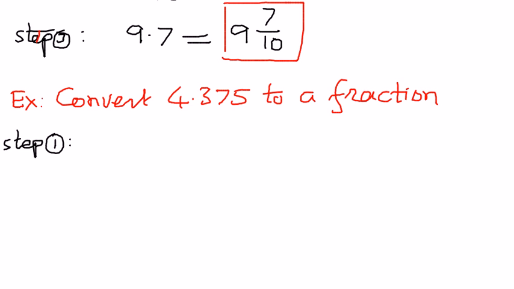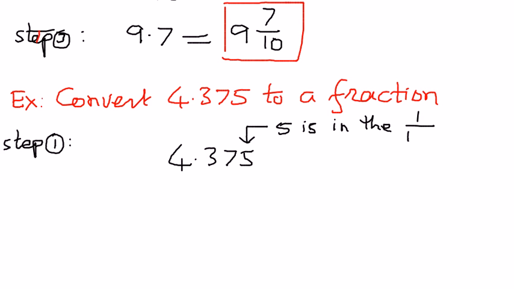So in 4.375, we want to see where 5 is located on the place value. 5 is in the thousandth place. The number 5 is in the thousandth place, or we can also think about thousandth as 1 over 1000 place, right?